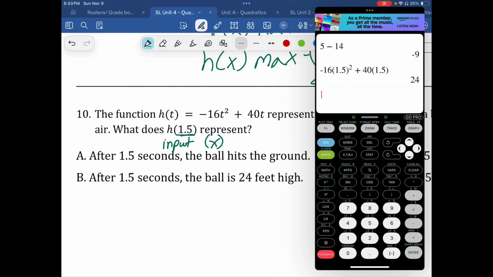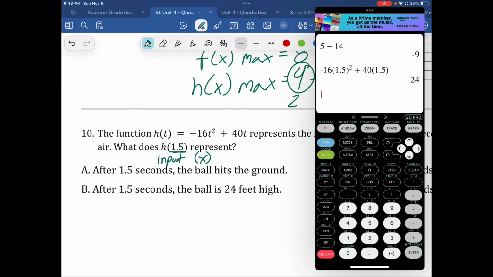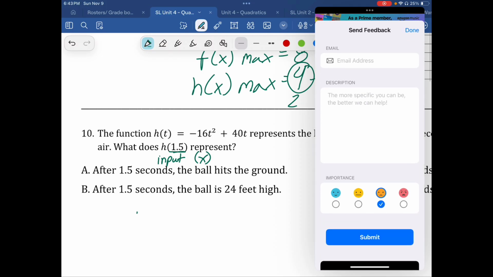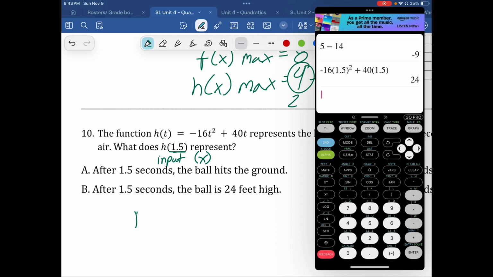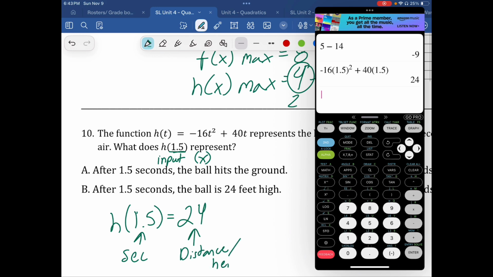Okay. And we get 24. So after the input of 1.5, we get 24. So this means 1.5 is our seconds after the ball was kicked, and the 24 is the distance, or in this case, the height.